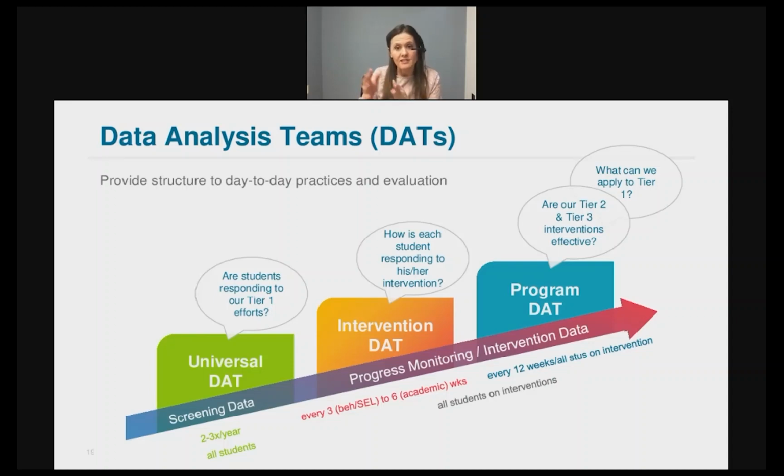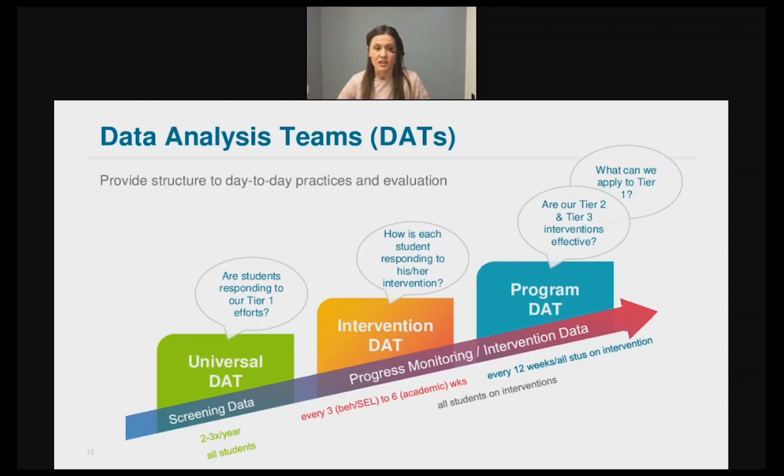From there, this last step is one that I'm hoping we can continue to get to across districts, wherever you're at, is to really make sure that we're taking the time to also evaluate the programs that we have in place. So it's recommended that every 12 weeks, we take a look at all of the interventions we have going on within the district to answer the question of, are our students who are receiving tier two and tier three interventions responding?